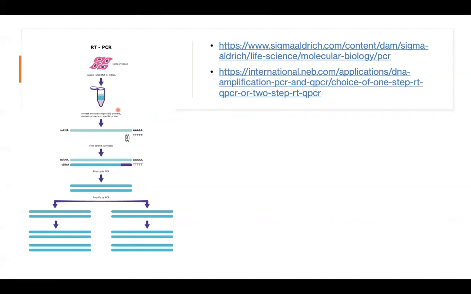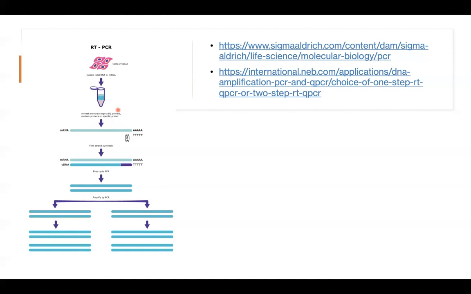Okay, kung na-transcribe or na-translate yung gene, we need to isolate mRNA. So anong ibig sabihin nun? For example, meron tayong keratin gene. Okay? Yung DNA natin all over the body ay pare-pareho.